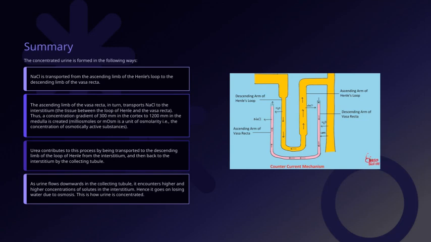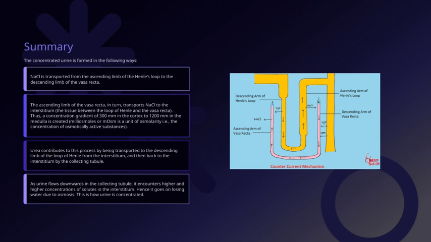As urine flows downwards in the collecting tubule, it encounters increasingly higher concentrations of solutes in the interstitium. This causes water to leave the tubule via osmosis, leading to urine concentration. Urea plays a crucial role here by moving from the interstitium into the descending limb of the loop of Henle, and then back into the interstitium through the collecting tubule, helping maintain the osmotic gradient.